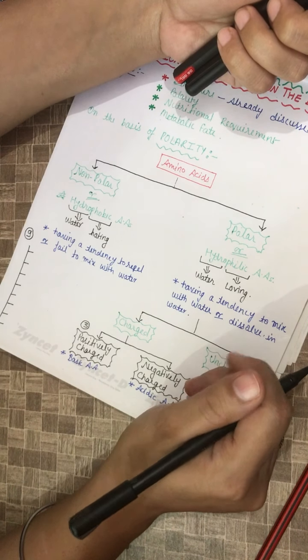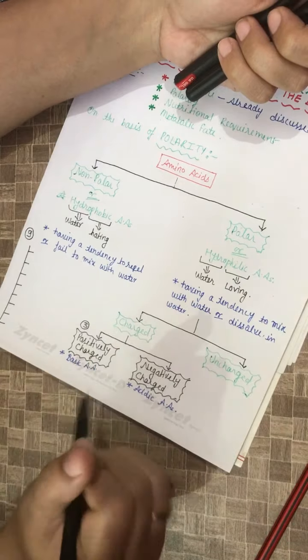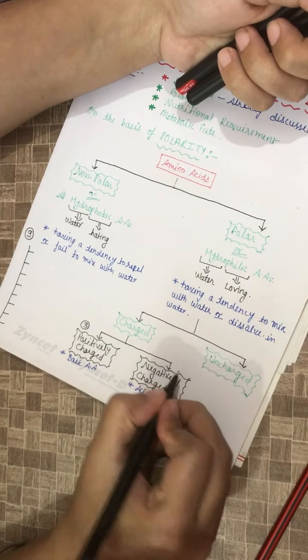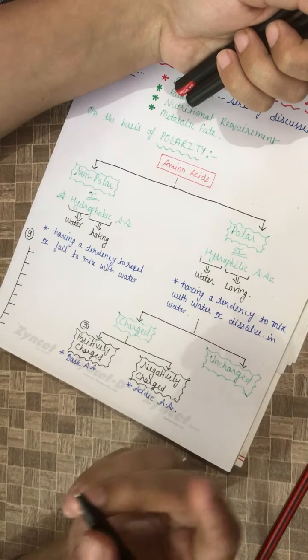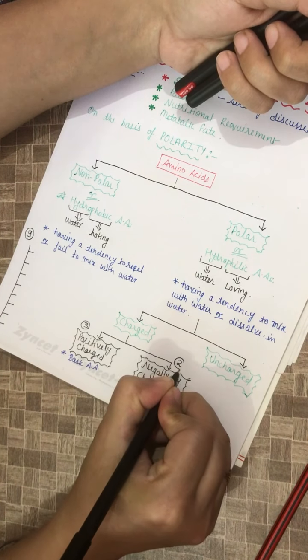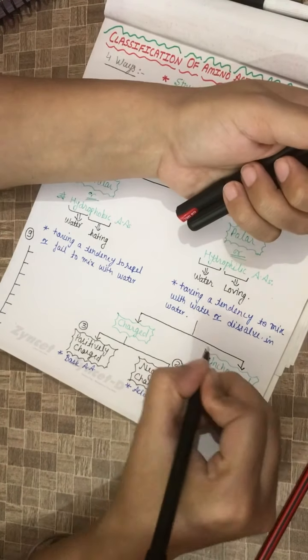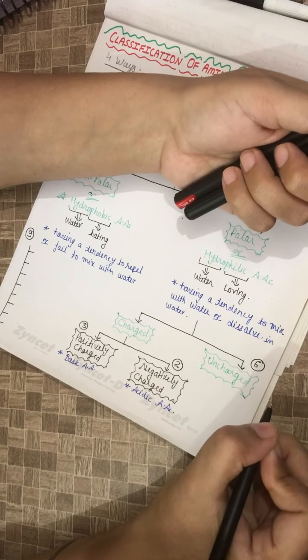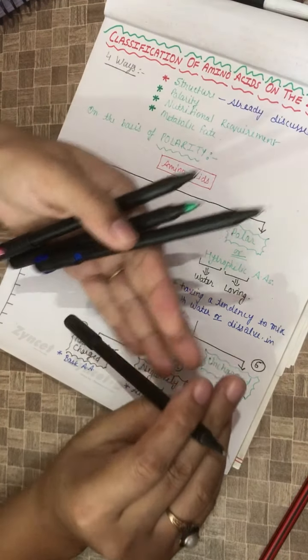Make sure to check the description box for the links. We have 3 positively charged amino acids, 2 negatively charged amino acids, which are acidic amino acids, and 6 uncharged polar amino acids.